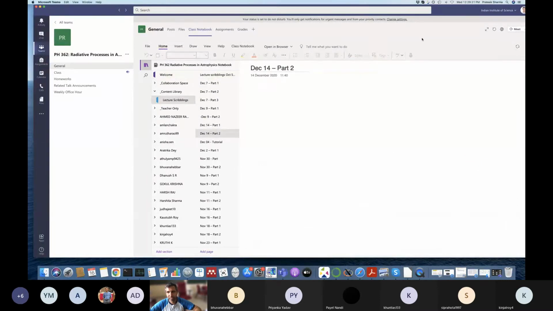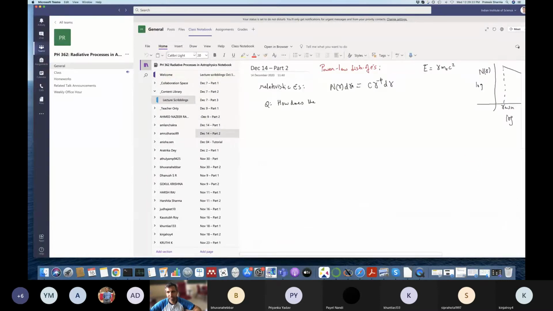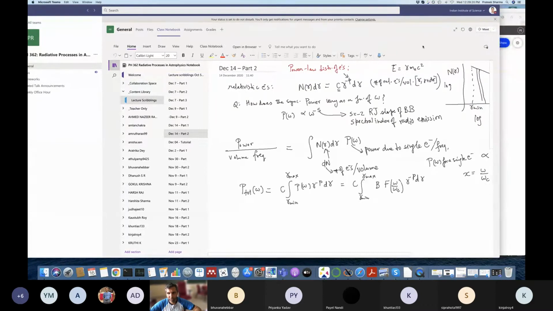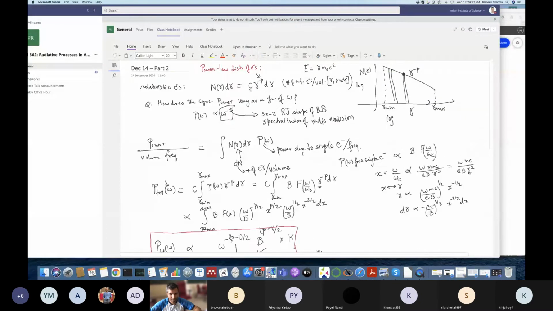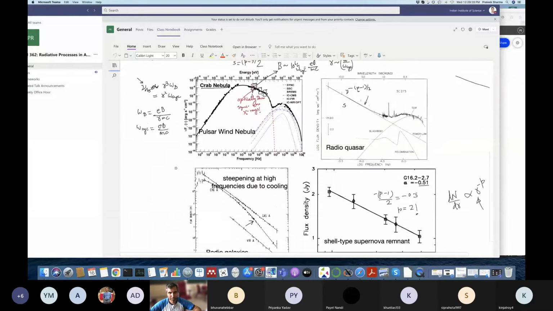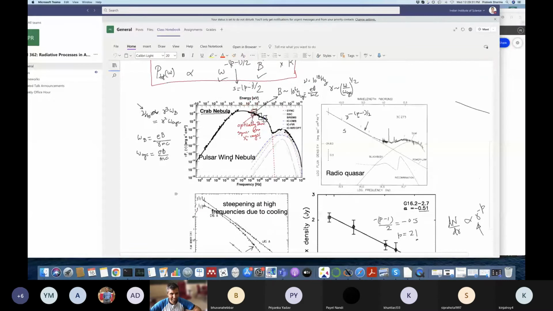Okay, so we were looking at these astrophysical examples. In this case, this is a pulsar wind nebula, and it has a pulsar wind.